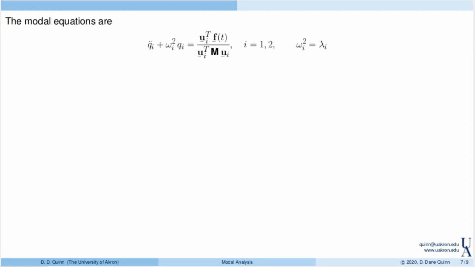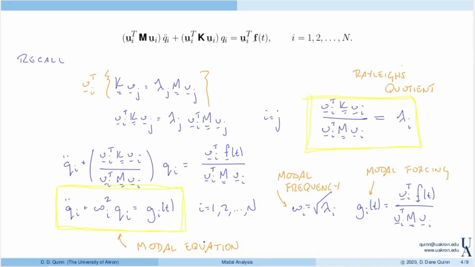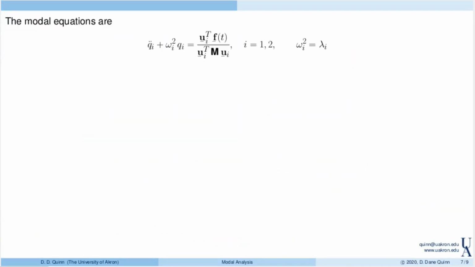All right, so now we have the modal equations, right? And this was from our previous work. Here, these are the modal equations. This is G, the modal forcing. And again, omega squared is the eigenvalue. So let's let the forcing be harmonic, right?